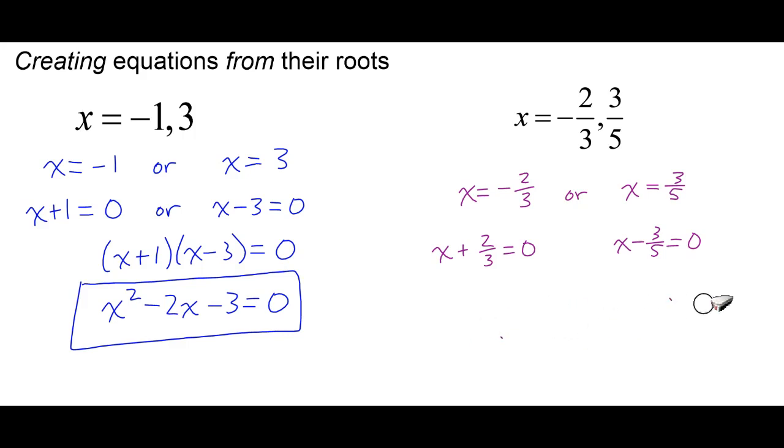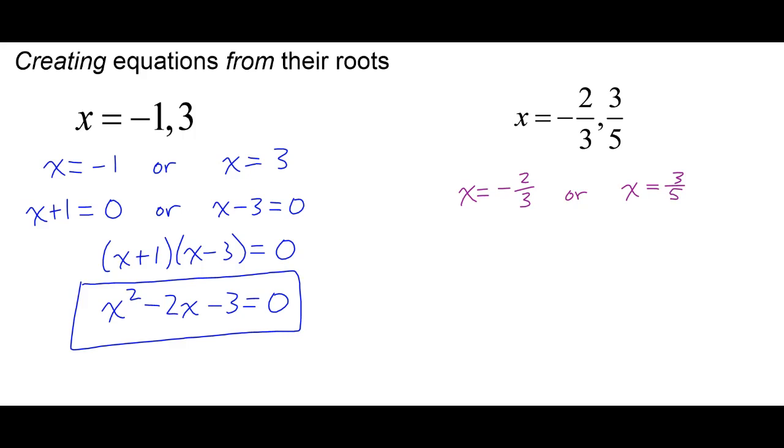Instead, we have to think back, did I ever get fractions in the past? And the answer better be yes, because you definitely have seen quadratics that ended with fractions in the past. How did they end with fractions in the past? And if you're not sure, go back and look in your notes. Find some equation that you've solved in the past where you end up with fractions and see how you got there.